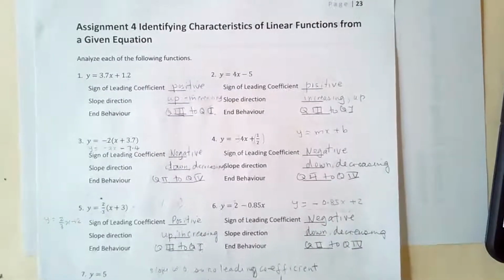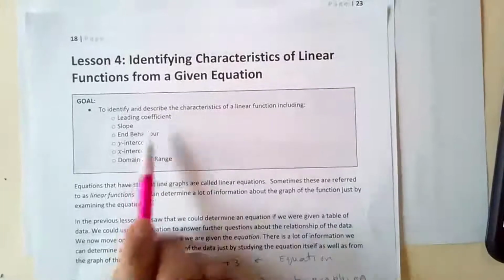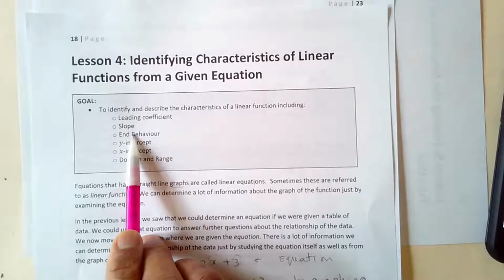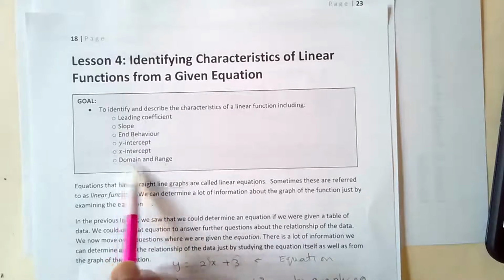So let's recap. We set out to demonstrate the characteristics of a linear function. That was our goal today. The leading coefficient. We looked at end behavior. We did not look at domain and range today.